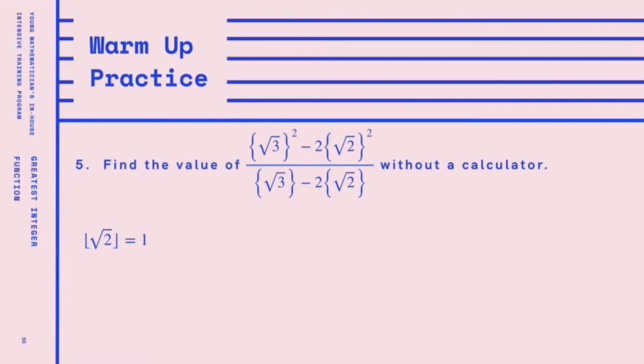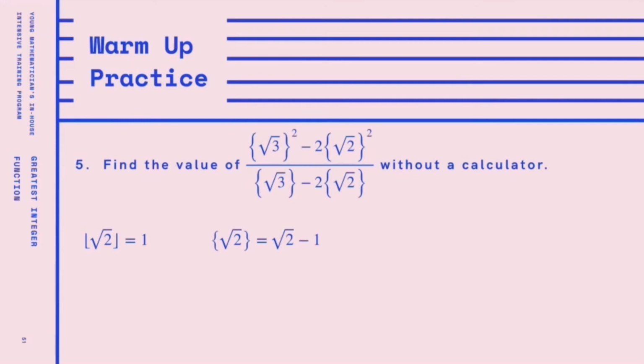And therefore, for its fractional part, recall that the fractional part of x is equal to the real number x minus the integer part, or the greatest integer function of x. We get that the fractional part of square root of 2 is equal to square root of 2 minus 1. So about 0.4, but the exact value we should write as square root of 2 minus 1.